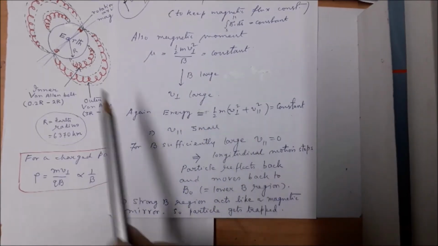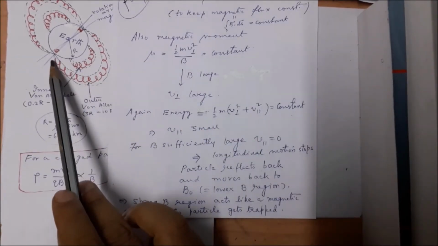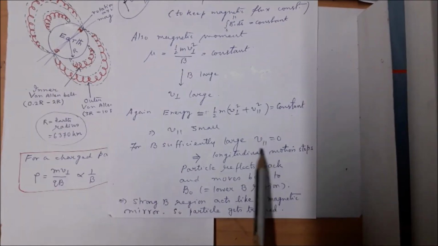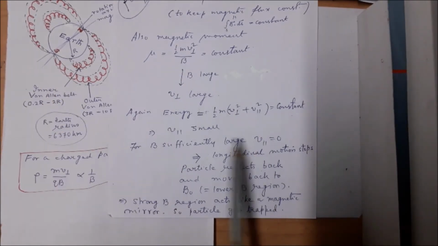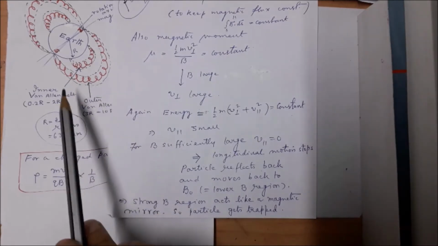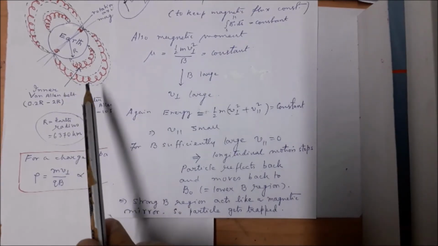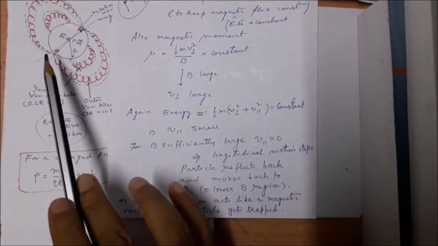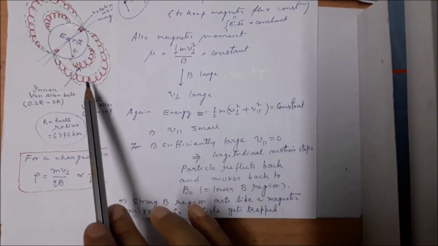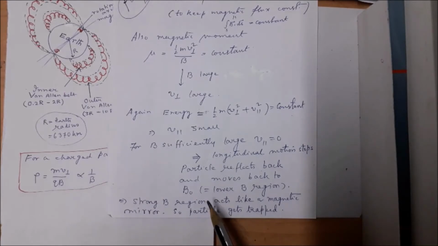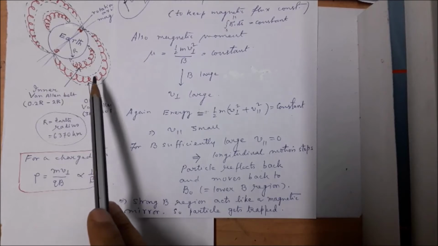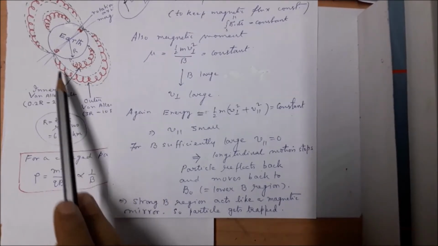So this means when a charged particle enters into a strong B region, its V parallel, that is the longitudinal velocity, will be 0, and this means the forward movement ceases, forward movement stops, and the particle will reflect back.